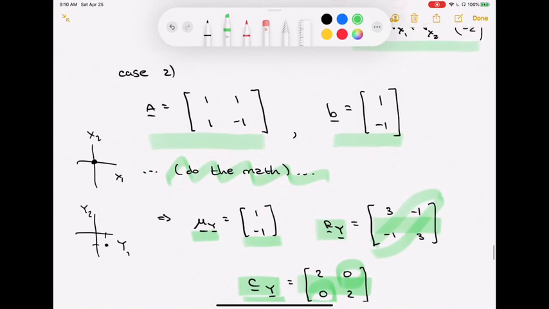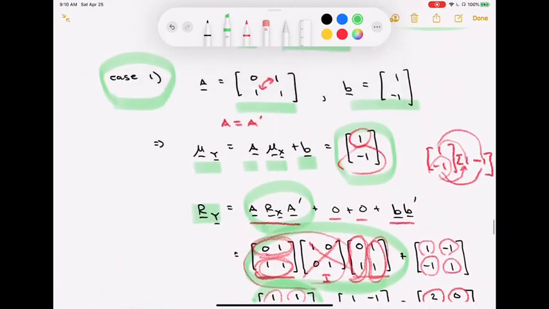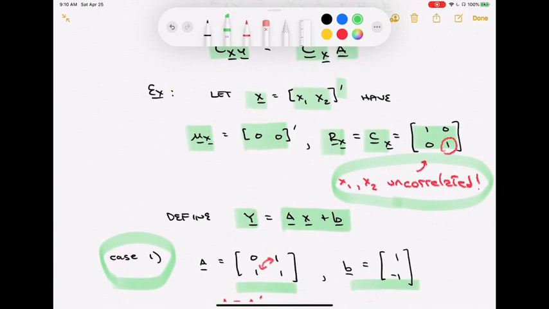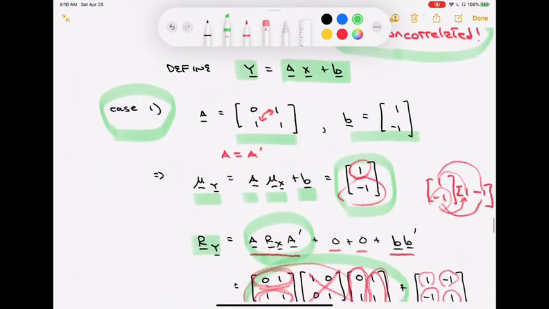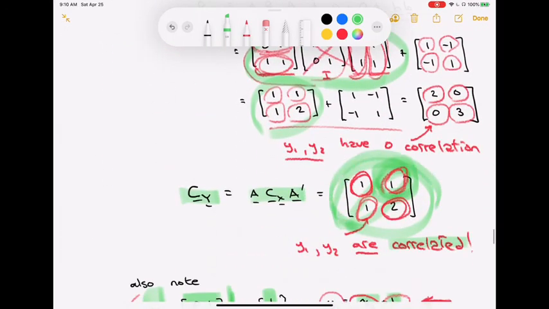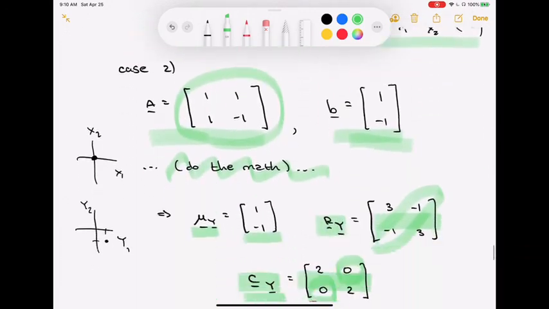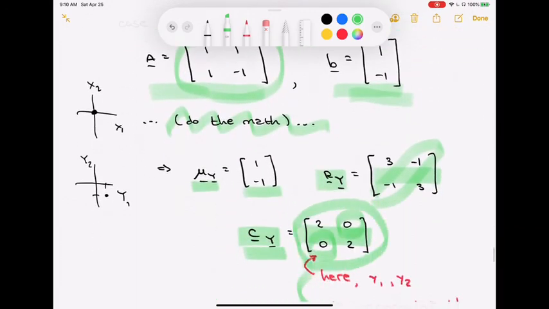So in this case, even though I've got this fancy A and this b, just like in case one, where I started with uncorrelated variables x, the first case gave me a correlated output y, and the second case gave me an uncorrelated output y. Just because one case gives you correlated output doesn't mean that another case might not preserve some characteristics of x. You just have to go through the math.